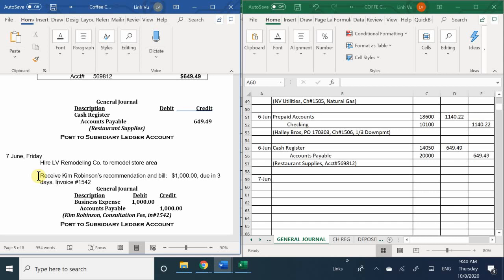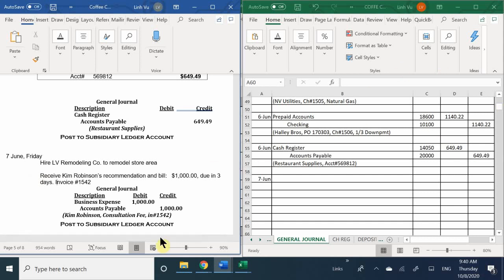We don't really care for the specifics for it because we just got a consultation on the idea of how the interior design should look like. So we just got consulted, and this is their bill payment. And I'm going to treat it as if it's a business expense.